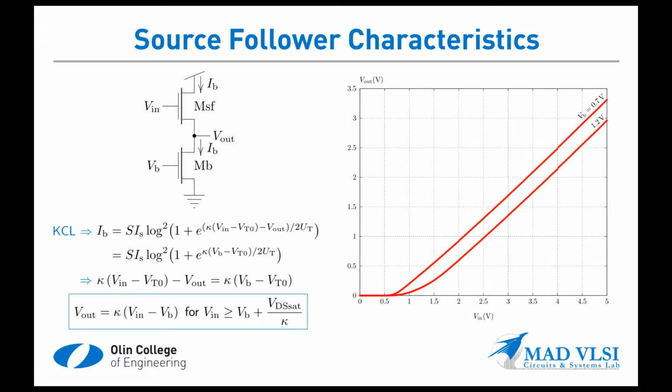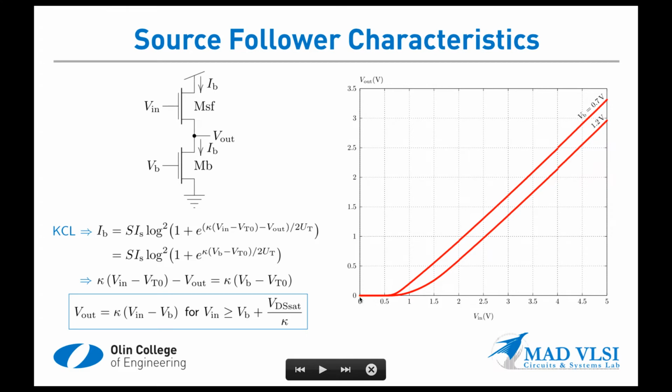But on the right here, this is actually some measured voltage transfer characteristics for a source follower made out of 2 ALD1106 NMOS transistors that I took with one of our circuit's SMUs. And I figured I'd just show it to you to see what it looks like with some real data.